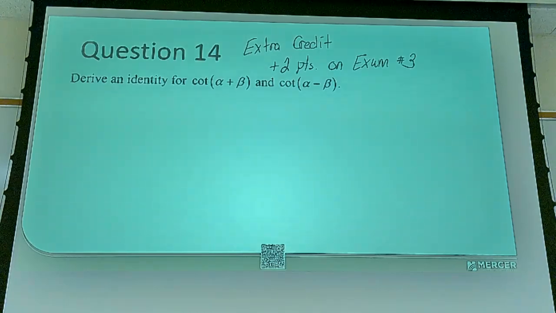I'll give you plus 2 points on your third exam score if you get it. So derive sum and difference identities for cotangent. And again, the slide will be posted online on SharePoint.